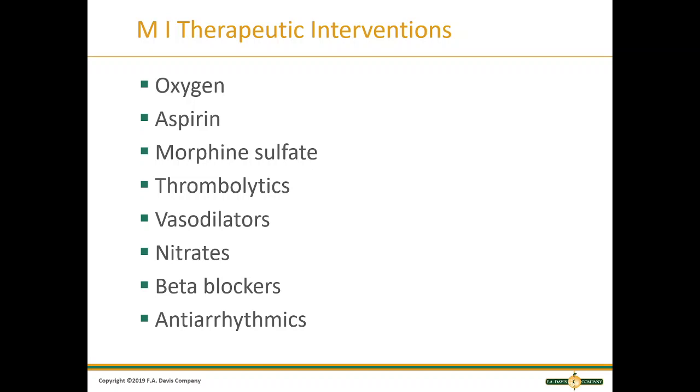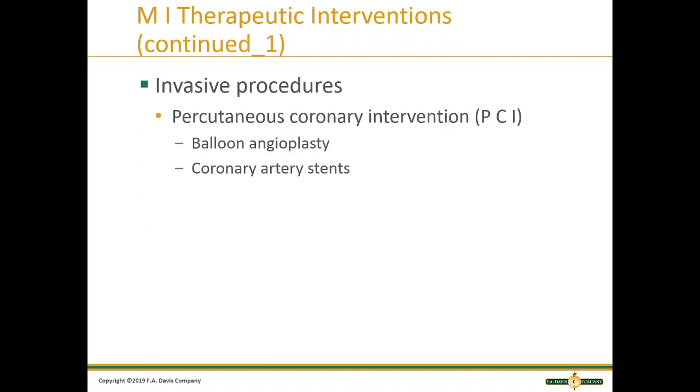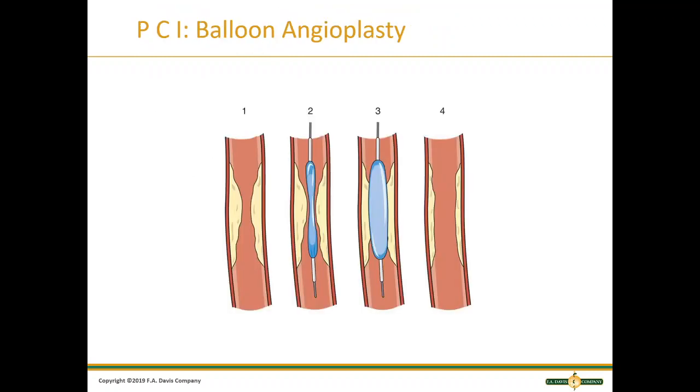Here are the different therapeutic interventions, invasive procedures. They'll take them, if they have the ability to get them into the surgery room, and do an angioplasty, put in coronary stents. This is a really good illustration of the plaque buildup right here.